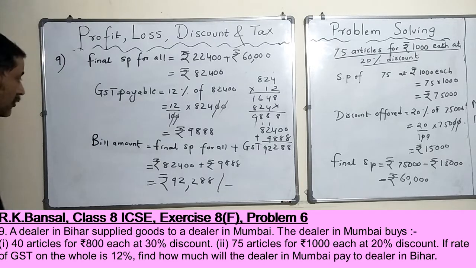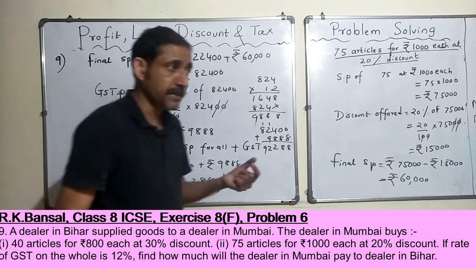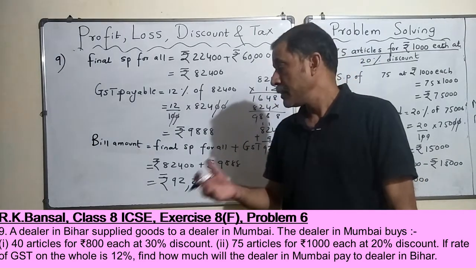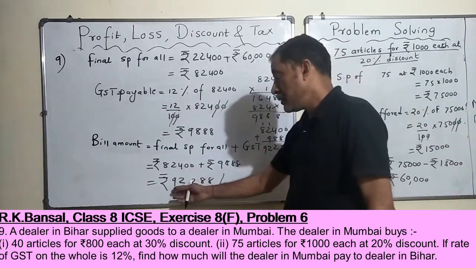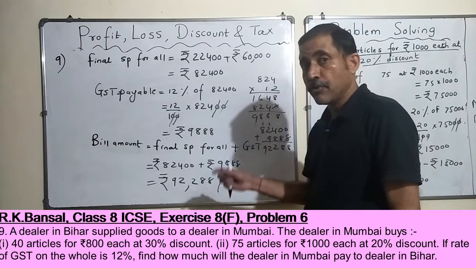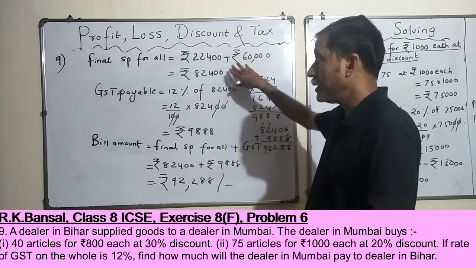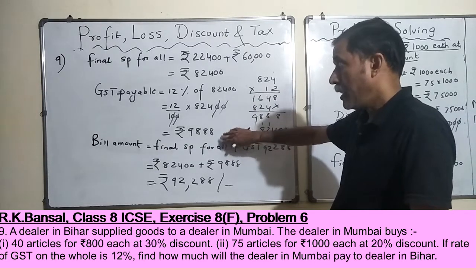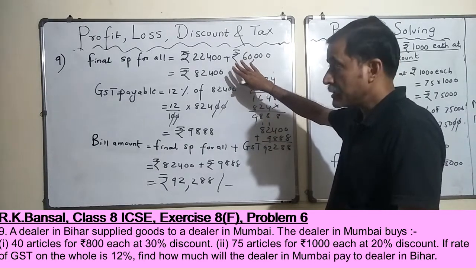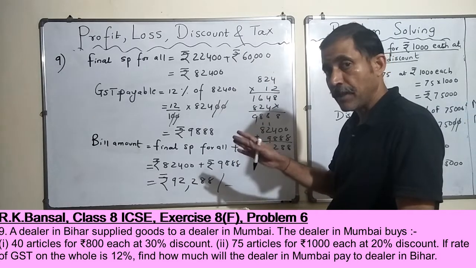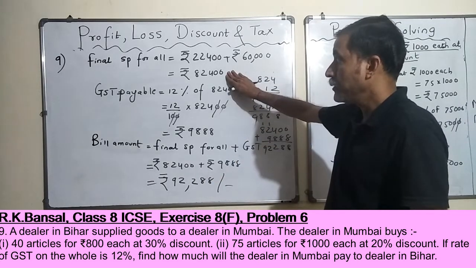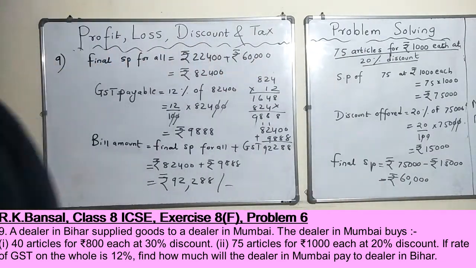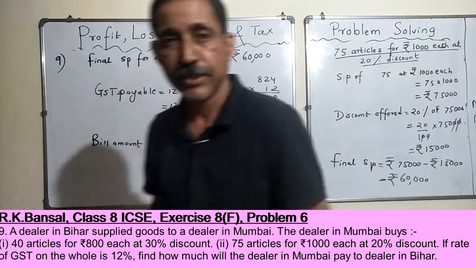So the final bill amount to be presented by the Bihar guy to the Mumbai guy is rupees 92,288, out of which the GST component is rupees 9,888, and the final selling price for all the articles the Bihar dealer is selling is 82,400, right?